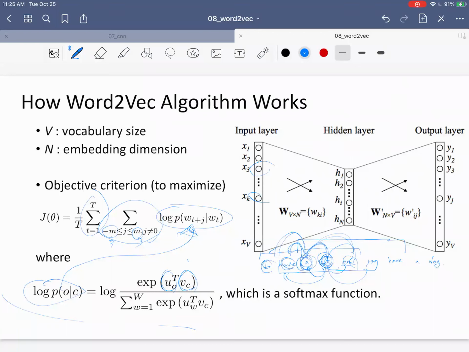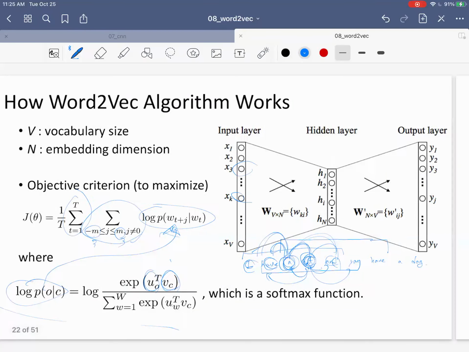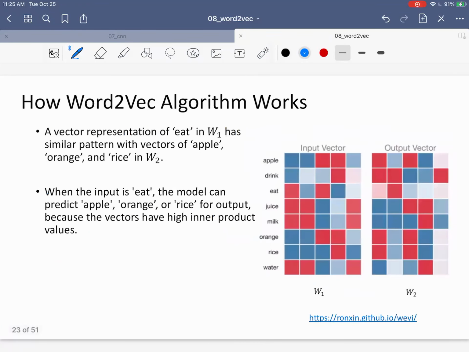Word2Vec uses two sets of vectors, two sets of lookup embeddings, one used for the target and one used for the context embedding, meaning one used for the neighbors. The reason for that is that the author thought they should serve different purposes, when a word is used as a target and when a word is used as a neighbor.